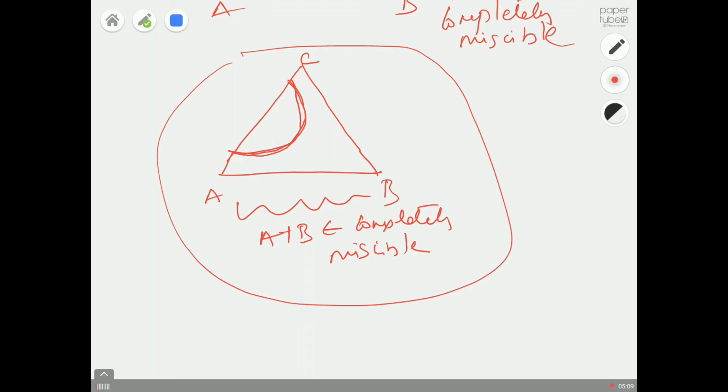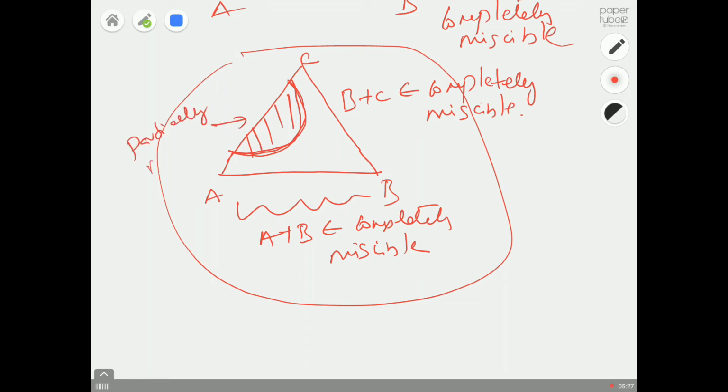In this case, B plus C is completely miscible, and in this case A plus C are partially miscible. That's why we can get a clear separation.